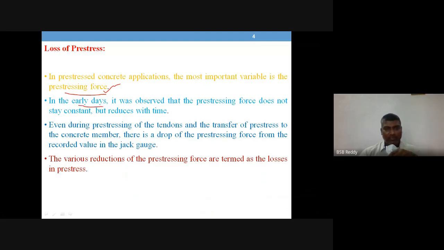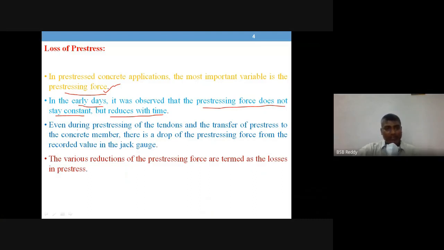In early days, it was observed that the pre-stressing force doesn't stay constant, and it reduces with time. As we have talked about, early attempts of pre-stress were not successful because the value that you can induce was only a very, very small value, and over a period of time it was found that the pre-stress was gone and there was no pre-stress available in the member, and it was just behaving like a normal RCC member. Okay, so that's how the losses have come into the picture.